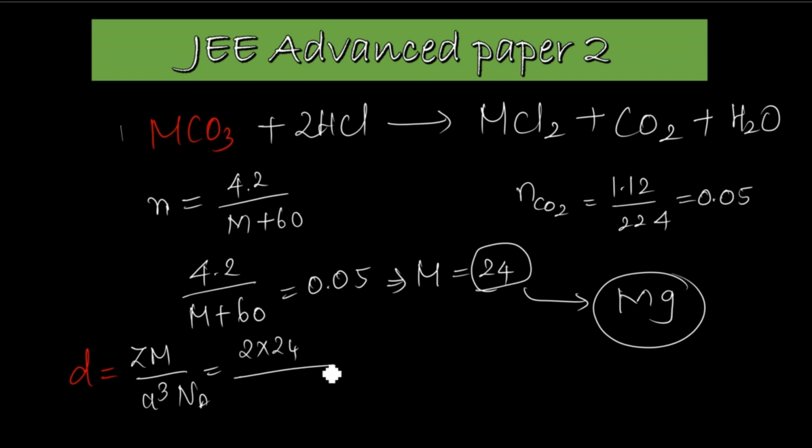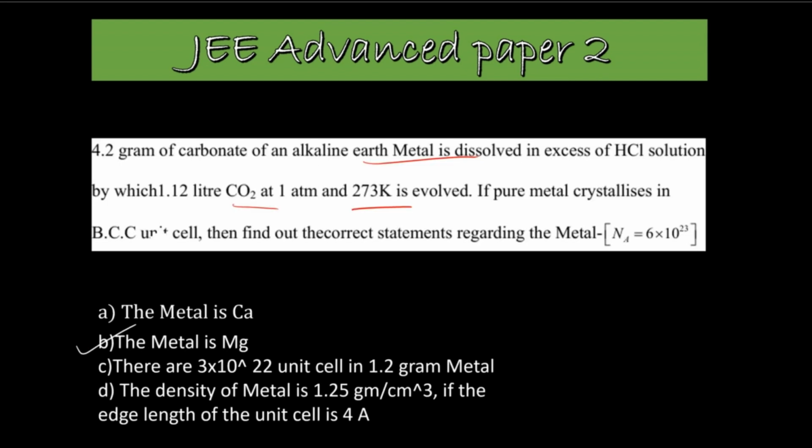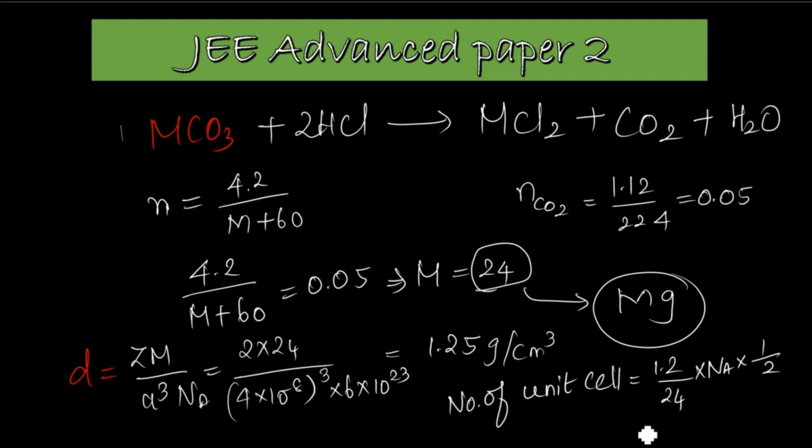So 2 into 24 by 4 into 10 to the power minus 8 whole cube into 6 into 10 to the power 23 I am taking, which will come out to be 1.25 gram per centimeter cube. Okay, so in that case the number of unit cells is 1.2 by 24 into Na into 1 by 2, right? So they have given BCC, so 1 by 2, which will come out to be 1.5 into 10 to the power 22.